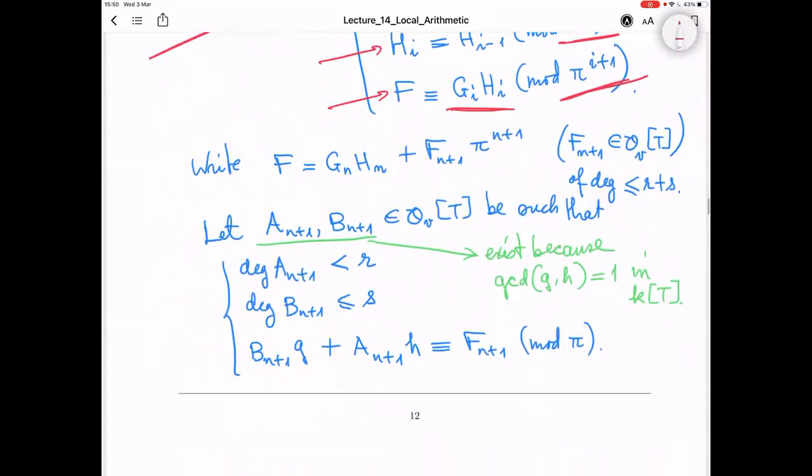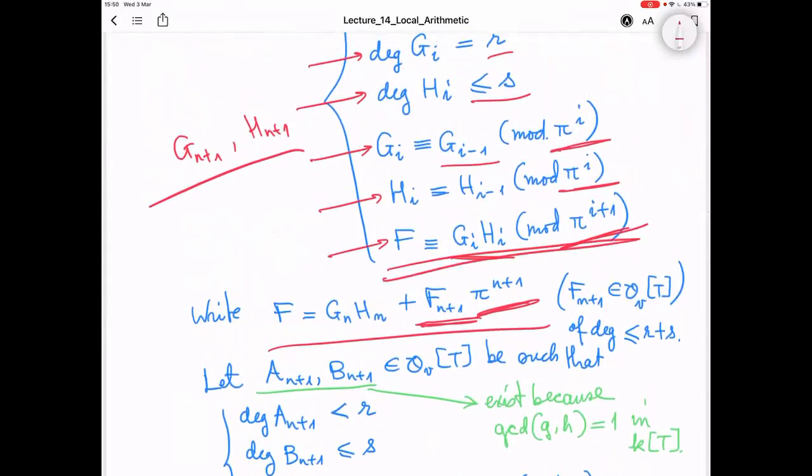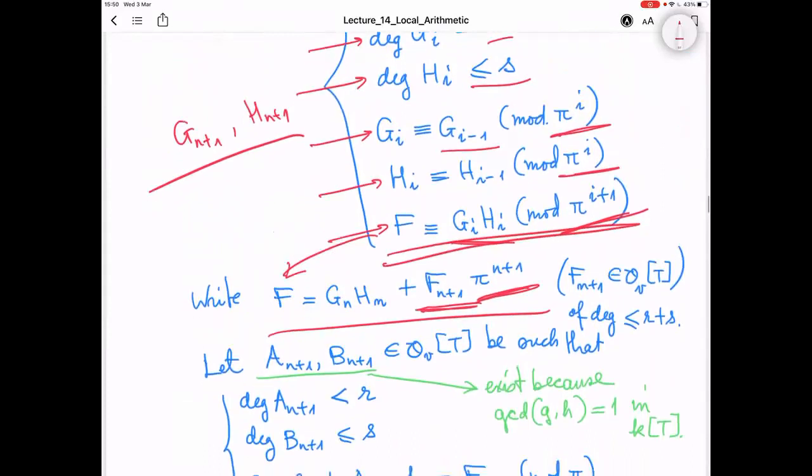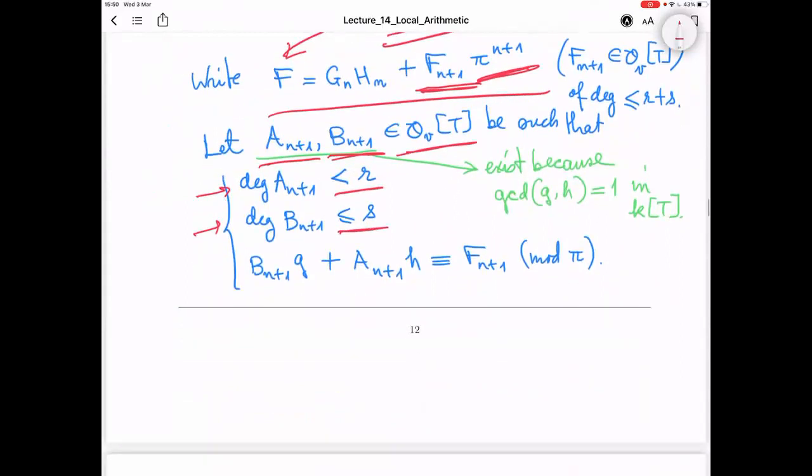So I begin by writing f as gn hn plus fn plus 1 times pi to the n plus 1. That's because of this, right? I can write f like this. And then I take an plus 1 and bn plus 1 to be polynomials in OV[T] such that the degree of an plus 1 is strictly less than r, the degree of bn plus 1 is less than s, and I have this thing.